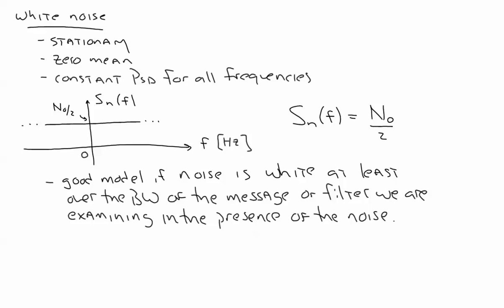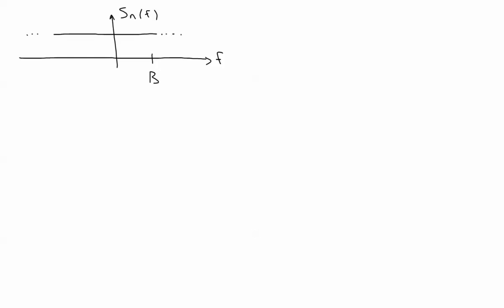Okay. What about noise power? So we've got a white noise process, and what I'm interested in is the noise that exists in some bandwidth B. Bandwidth is always, of course, defined based on positive frequencies.